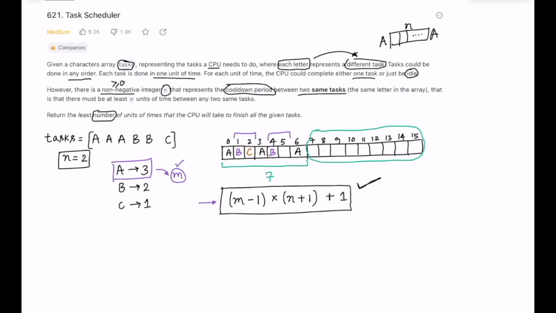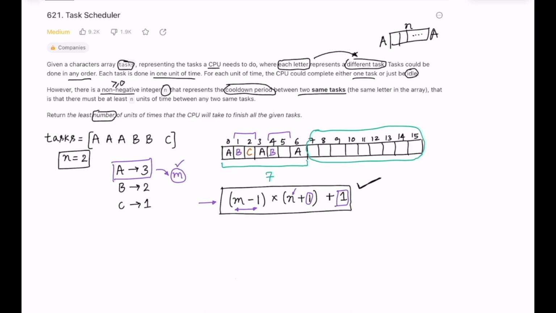M minus 1, because we don't need to add cooldown period for the last task. So that's why M minus 1, and N multiplied by N plus 1. N is the length of the cooldown period, and plus 1 is the unit of time needed to execute the task itself, and plus 1 is for the last task.